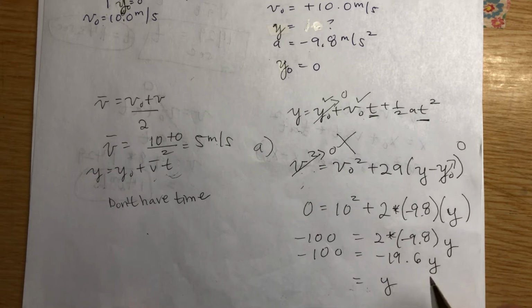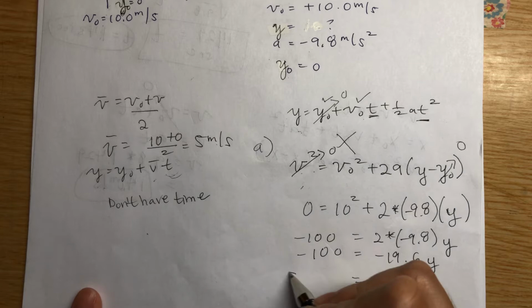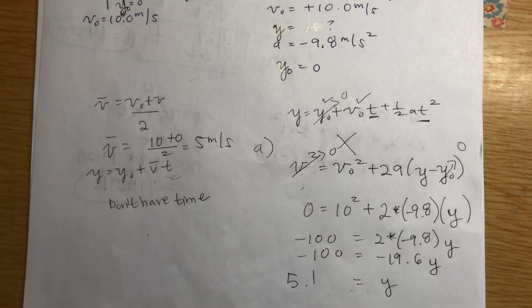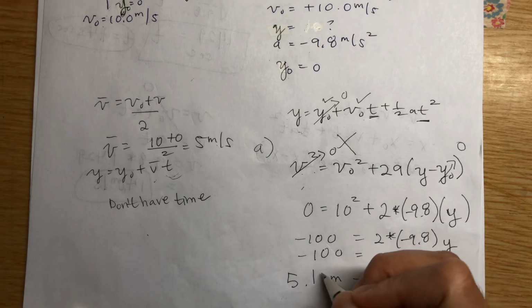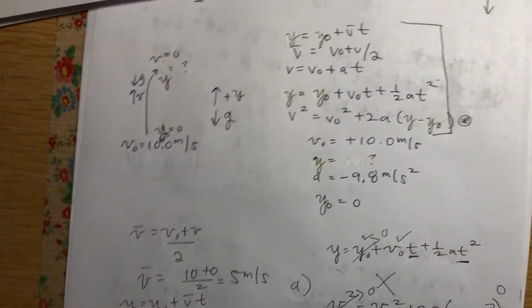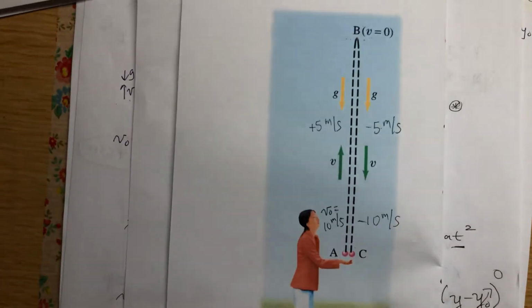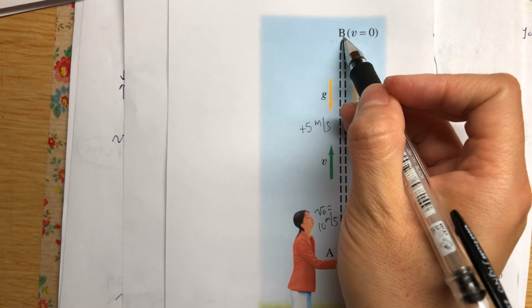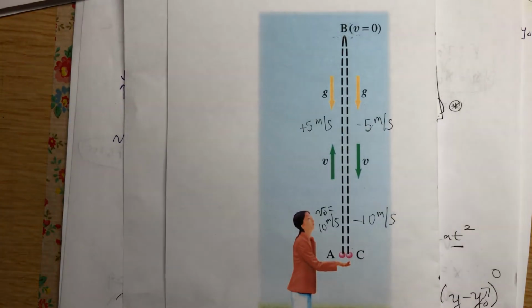So y is 100 divided by 19.6, which is 5.1 meters. Because the velocity is in meters per second, the answer is in meters. With 3 sig figs, that's 5.10. So this ball is going to go to a height of 5.10 meters.